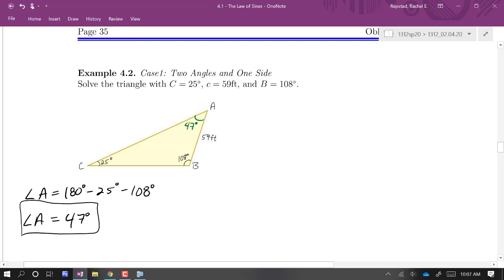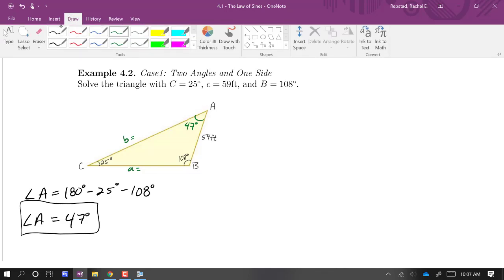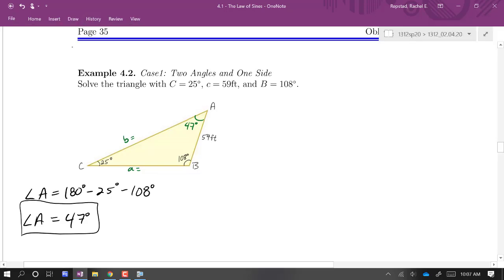I don't have to use arcsine to find an angle right now, so those are good. We just use law of sines to find side B and side A. So let's find side A. How do I start?